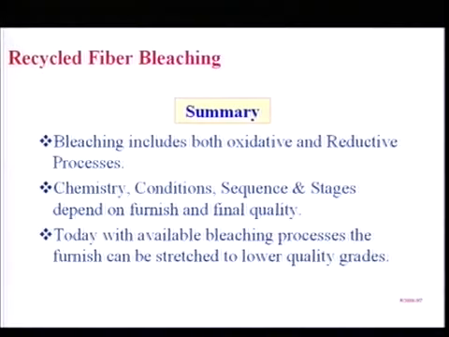Today, with the available bleach technology like peroxide, hydrosulfide, FAS, direct borohydride injection process with multiple reductive species, you can handle lower quality paper grades, still get much higher brightness for copying paper.